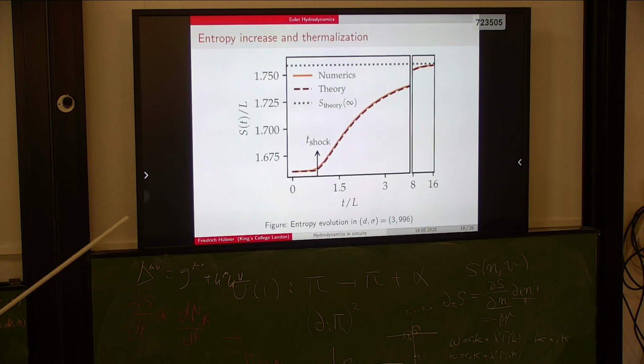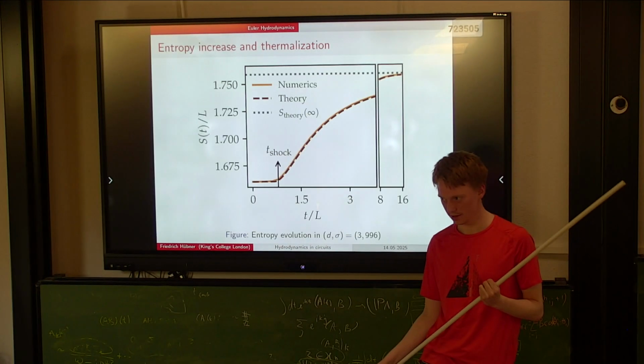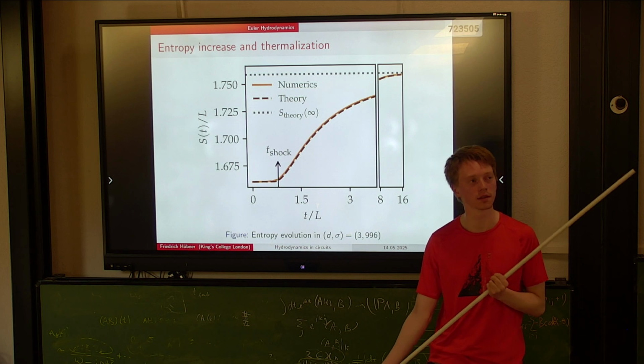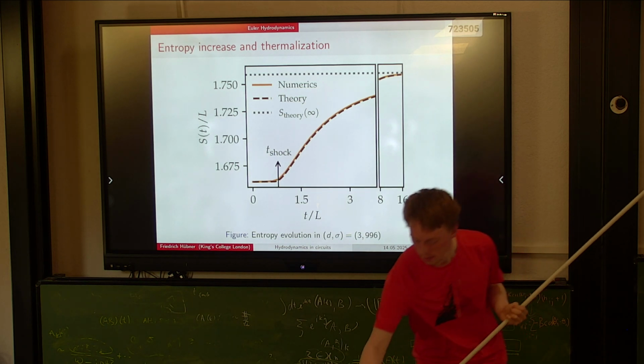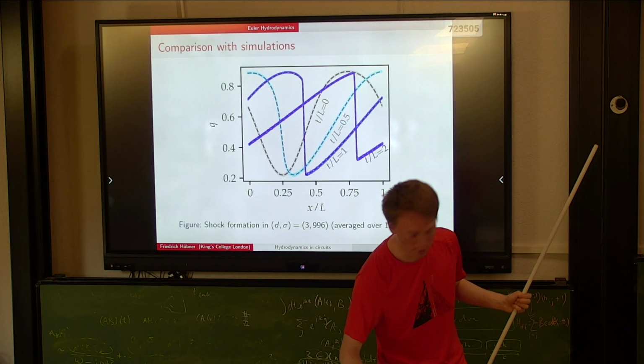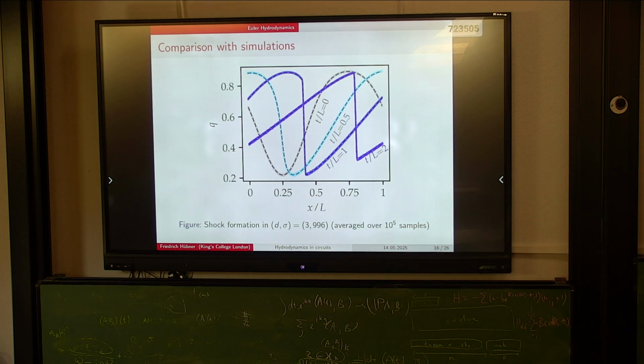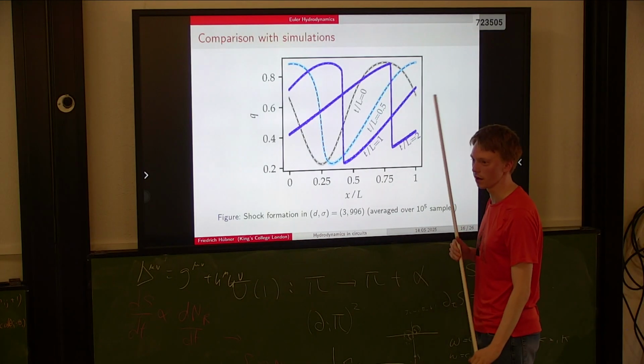Once you get shocks, I guess you want to go beyond Euler hydrodynamics too. In principle, yes, but the thing is, if I do numerics, this is a very big system, I think 10 to the 5 or something like this.